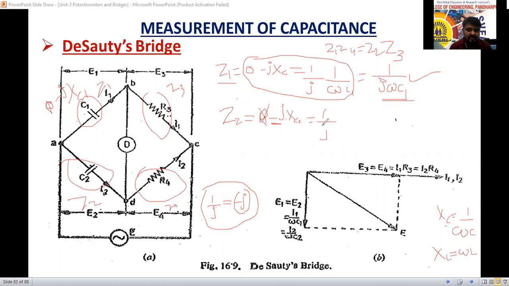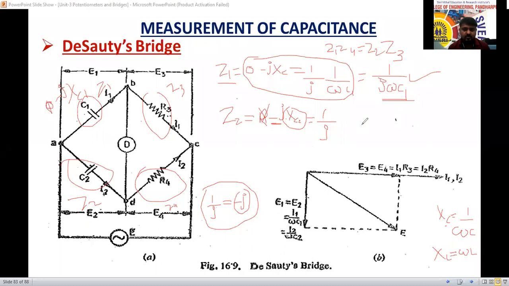Next, XC1. XC1 is nothing but XC only. XC equal to 1/omega C. Here XC1 is 1/omega C1; sorry, XC2 is 1/omega C2, we can write.